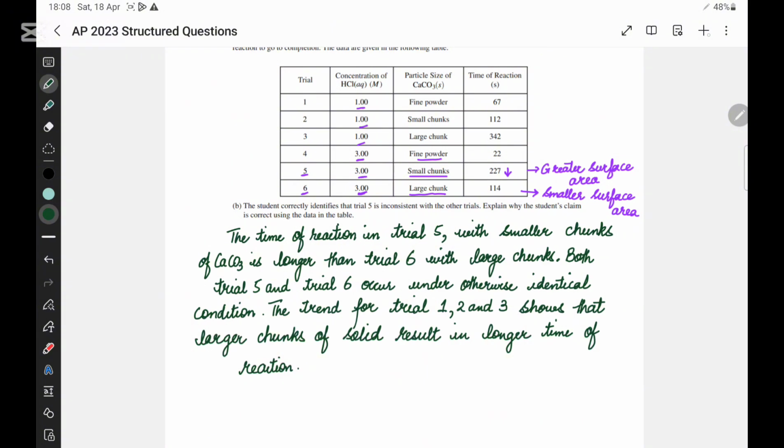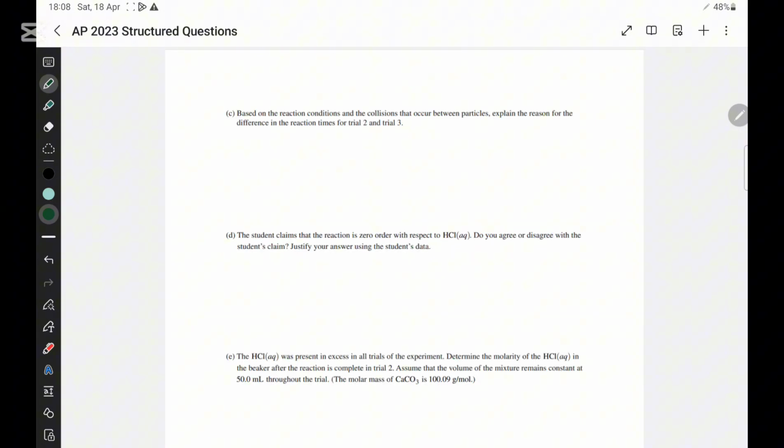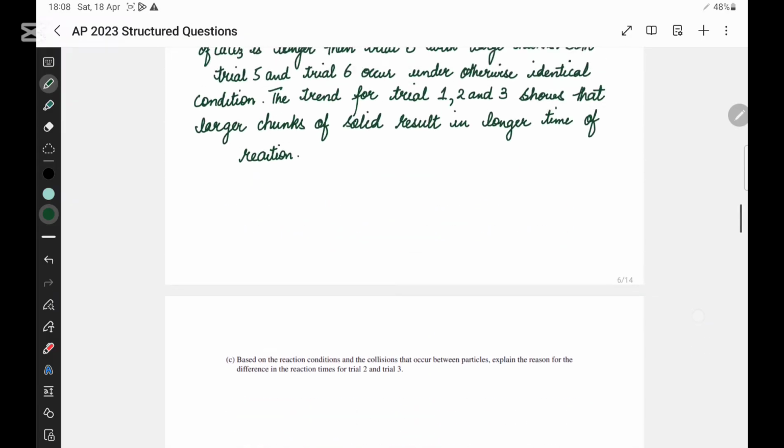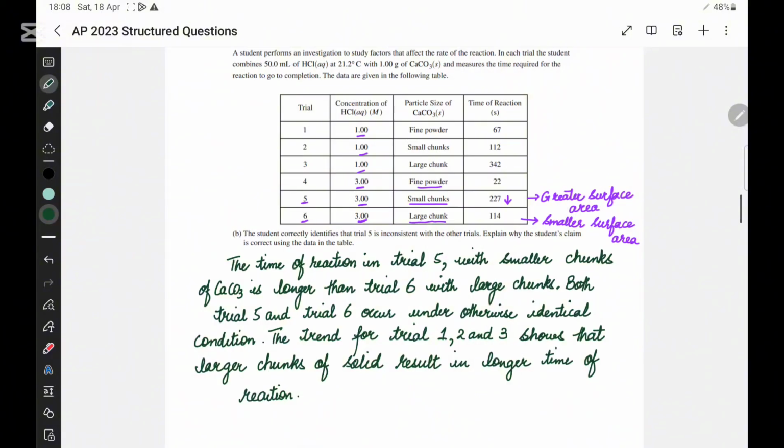Let's move towards the next question. So they are saying, based on the conditions and collisions, explain the reason for the difference in reaction times for trial 2 and trial 3. So trial 2 and trial 3, if you see, then one is having smaller chunks, which is having greater surface area.